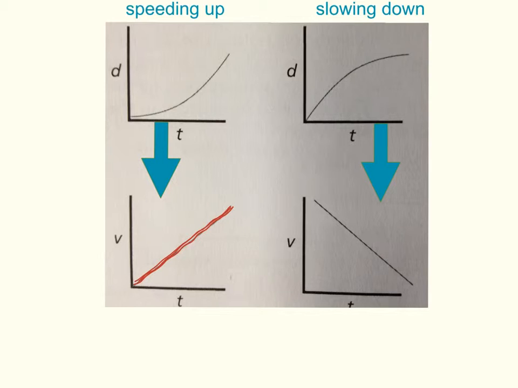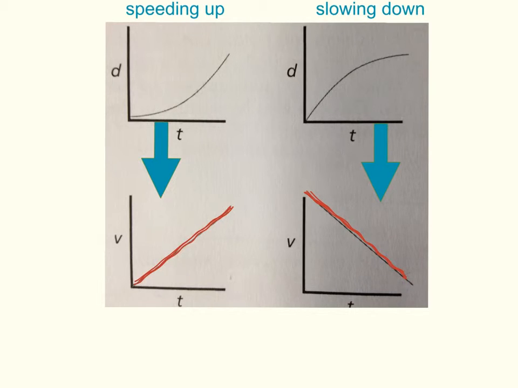In the graph on the right, the object is slowing down. To show that the velocity of an object is slowing down, we would create a line that's angled downward. On this graph, it's showing that the velocity is decreasing as time goes on. This slope is negative, which shows a change in the velocity, meaning the velocity is slowing down.